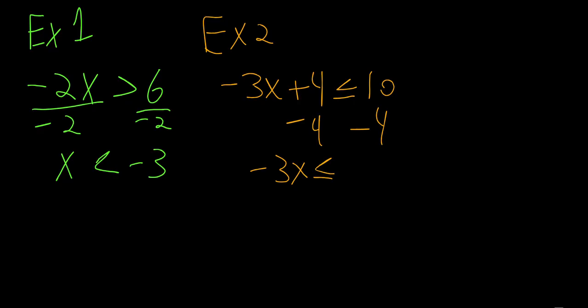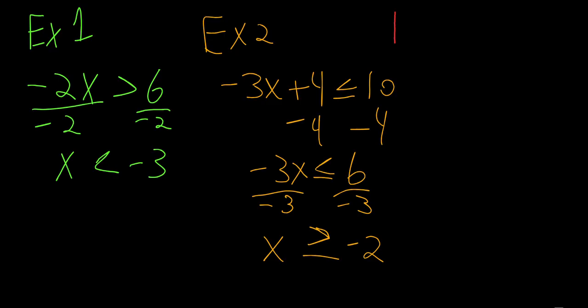Until we get to multiplication and division by a negative number, all steps are the same. Now we're going to divide by -3, divide by -3, and that's when we must utilize our new, very important rule of flipping the inequality sign. And we get x is greater than or equal to -2.